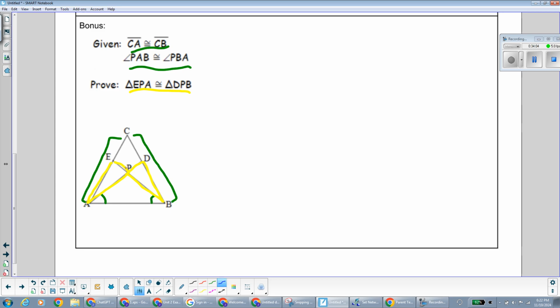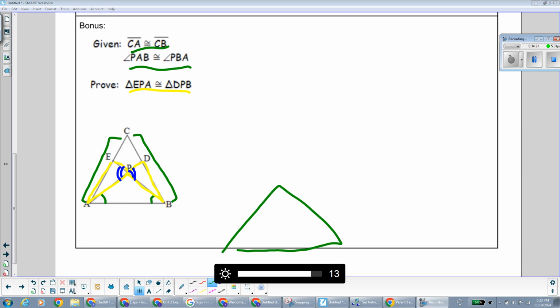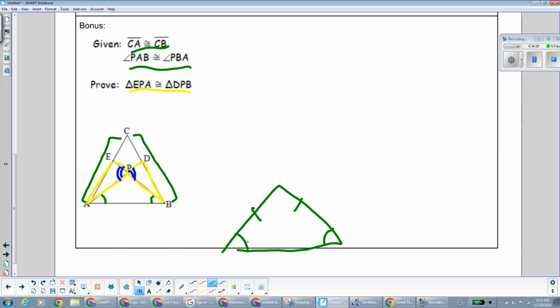Already in those two triangles, the vertical angles stick right out to me. Vertical angles are always congruent, so that gives me an A to use. If I take a look at the whole triangle for a second, if a triangle has two equal sides, it also has two equal angles across from those equal sides.